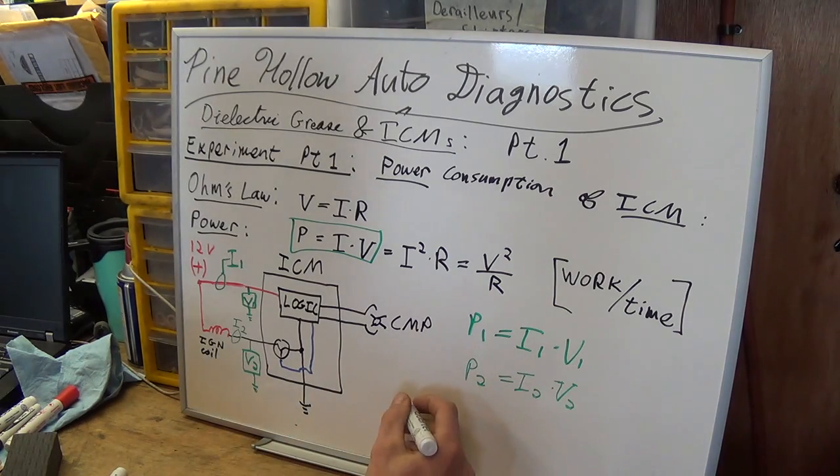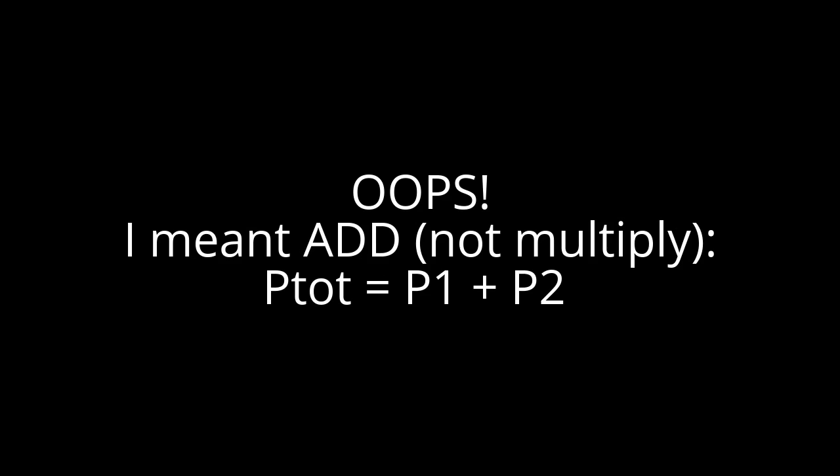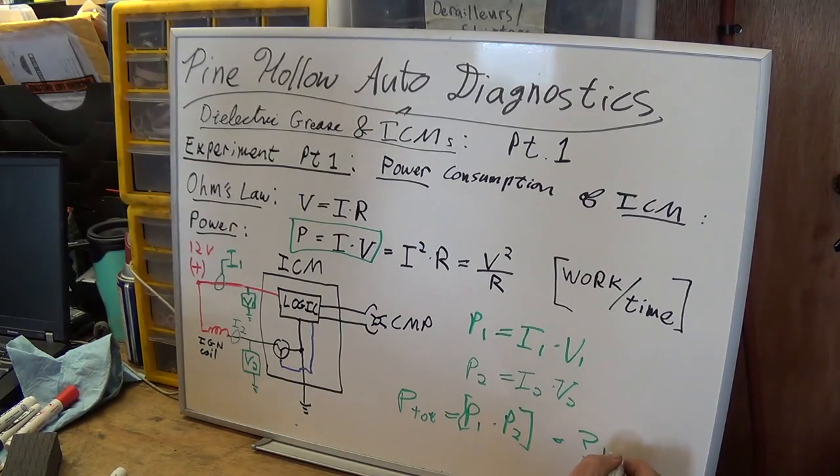So our total power consumed, P total, will be P1 plus P2. And we'll figure out how many watts on average that module is consuming. So let's go out to the car, collect some data, and come back for the analysis.